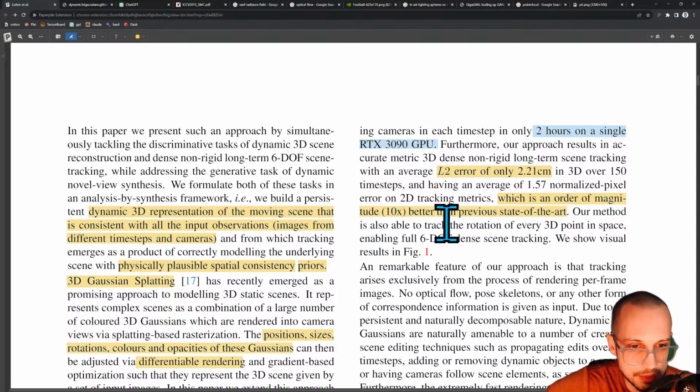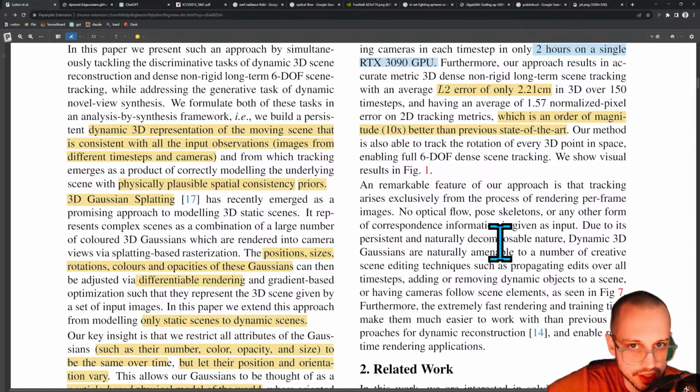Our method is also able to track the rotation of every 3D point in space, enabling full 6DoF dense scene tracking. A remarkable feature of our approach is that tracking arises exclusively from the process of rendering per-frame images. Right? You get it for free, is kind of what they were saying in the abstract. No optical flow, pose skeletons, or any form of correspondence information is given as input.